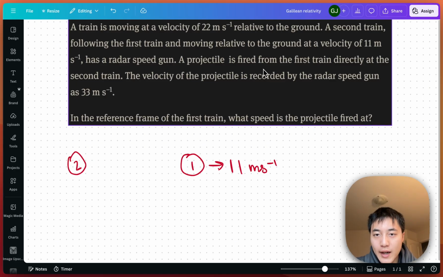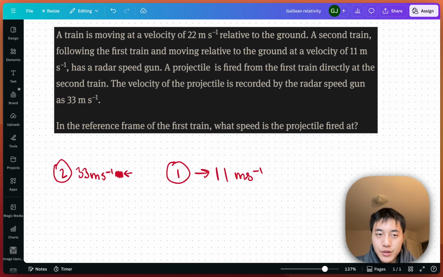A projectile is fired from the first train, and it's measured by number 2 as 33. Okay, so this is the projectile here.